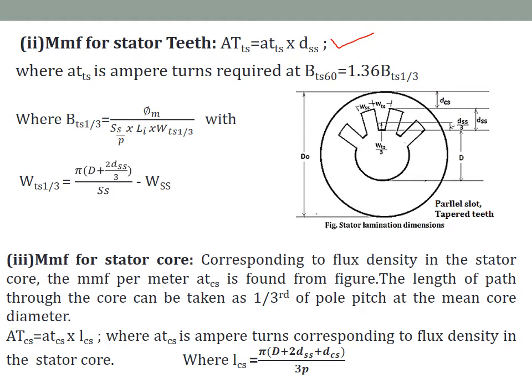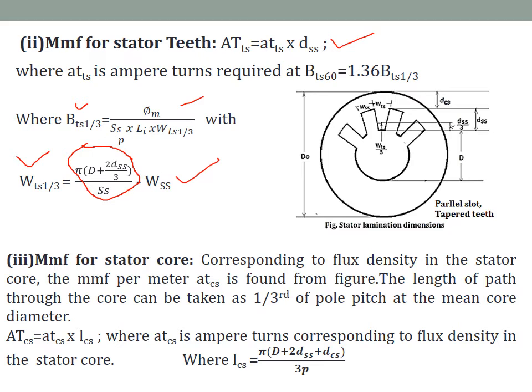The flux density in the stator teeth, not the core, Bts 1/3, is equal to phi m divided by the area, Ss by P into Li Wts 1/3, with Wts 1/3 equal to pi into D plus 2 dss divided by 3, divided by Ss, minus Ws. So this will give the slot pitch.